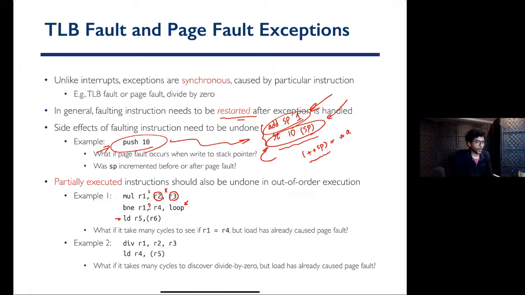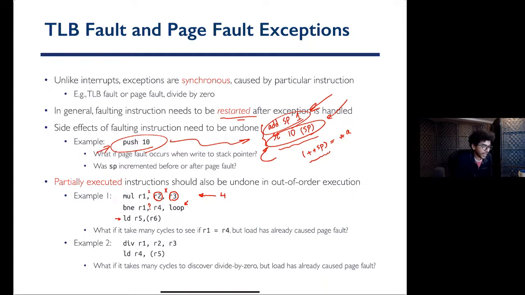Now, usually this multiplication takes more than one cycle. It's usually a few cycles. Let's say this takes 4 cycles. Let's say I have 64-bit registers and I want to multiply them; maybe it's going to take 4 cycles.